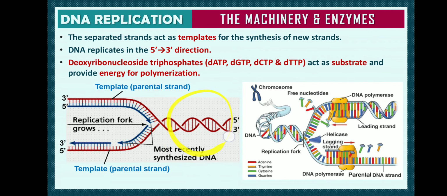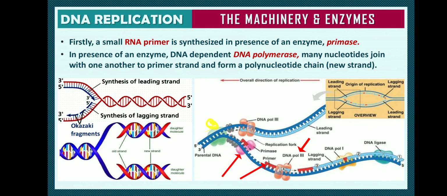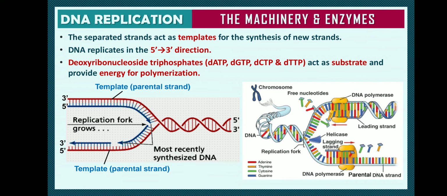Unwinding will create supercoils because when it is unwound here, it gets tightly twisted on this side. Those are what we call supercoils. To remove these supercoils, the next enzyme is called topoisomerase, what we call the gyrase activity, students. So topoisomerase will cut the DNA and remove the tension formed by the supercoiling. So there are various proteins involved in DNA replication, students.